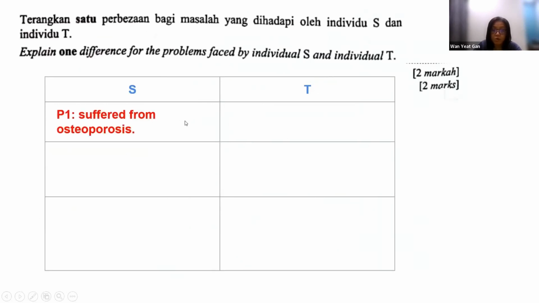S suffers from osteoporosis. This is a common bone disorder faced by adults, especially older people. T is mainly in children who have just reached puberty, who suffer from scoliosis.